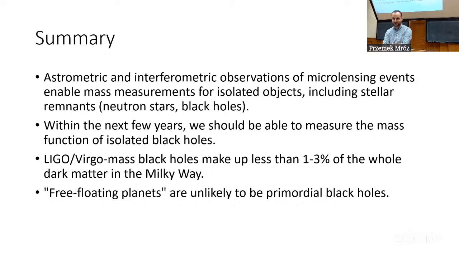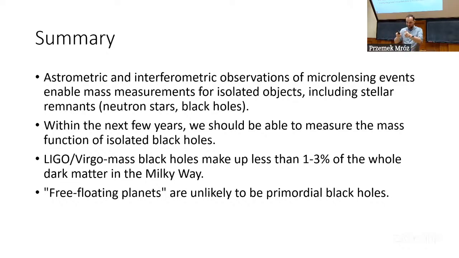Yes, you're right. If asteroid mass black holes exist, then, as I demonstrated, they necessarily collide with neutron stars and convert them into low mass black holes. And this whole project is aimed at measuring the masses of isolated objects in the Milky Way, the masses of neutron stars and black holes.